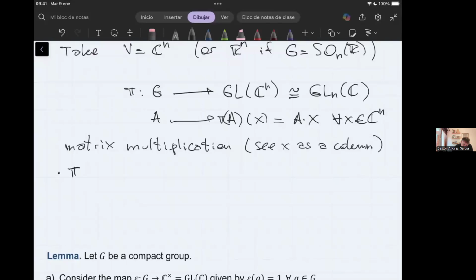So pi is continuous because of what I said before. So let us see that pi is a group homomorphism.